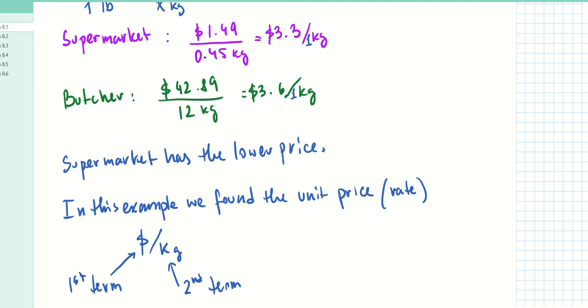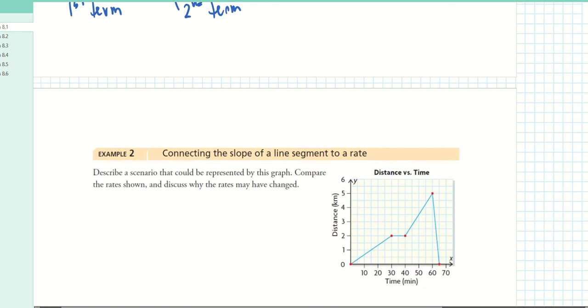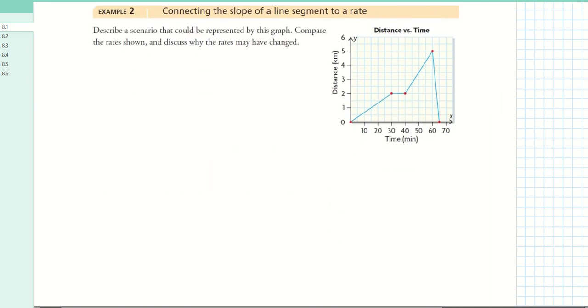All right, so what else can we do with unit rates? Let's take a look at example number 2. In example number 2, we have this diagram, which is a distance versus time graph. It says, describe a scenario that could be represented by this graph, compare the rates shown, and discuss why the rates may have changed.